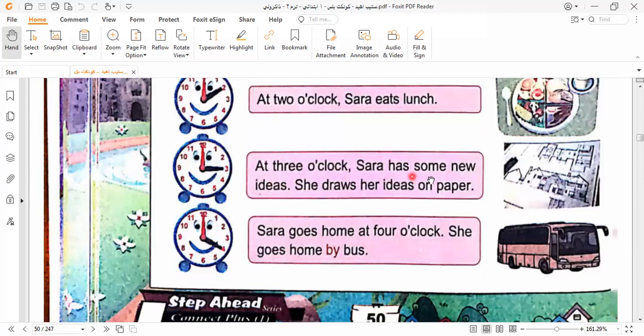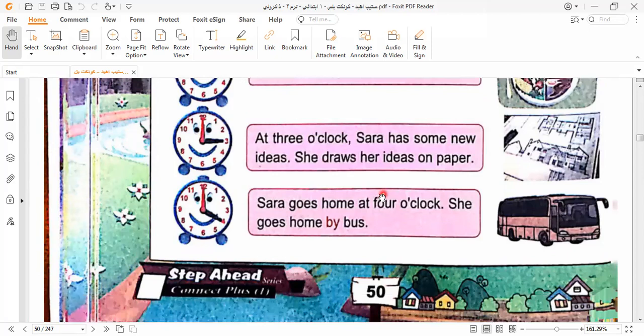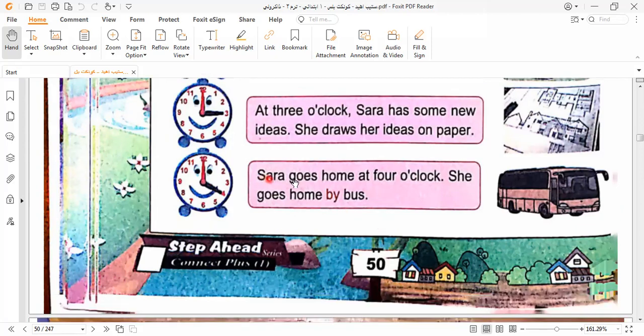She has some new ideas. She draws her ideas on paper, because her work depends on her imagination. Sarah goes home at 4 o'clock. She goes home by what?